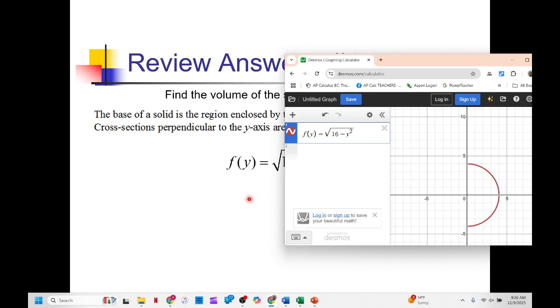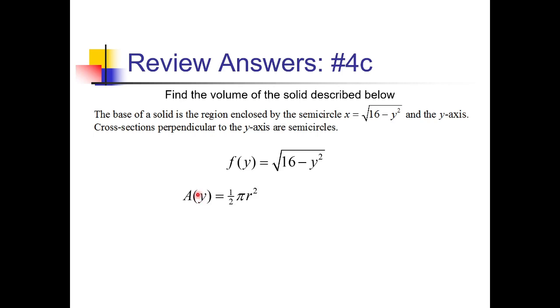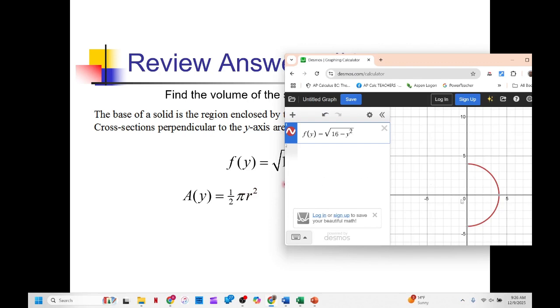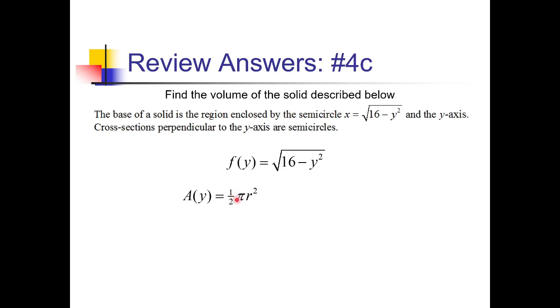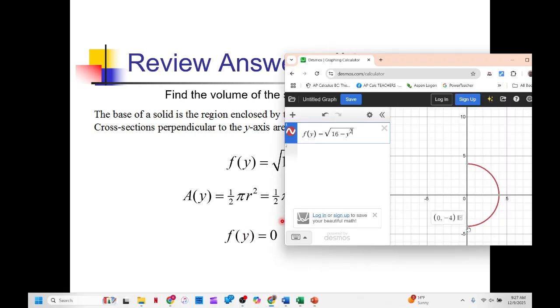To get the area formula for these semicircles, in general we have 1/2 pi r squared. Now the radius of these is going to be half the distance from the y-axis to the f of y function, so I'm going to need f of y over 2 for that. I'll write 1/2 times pi times half of f of y, quantity squared. For my limits of integration, this is where f of y equals 0, which happens at the y values -4 and +4.